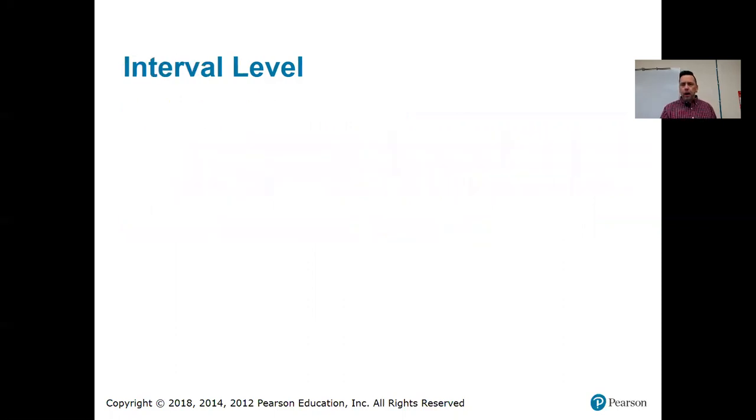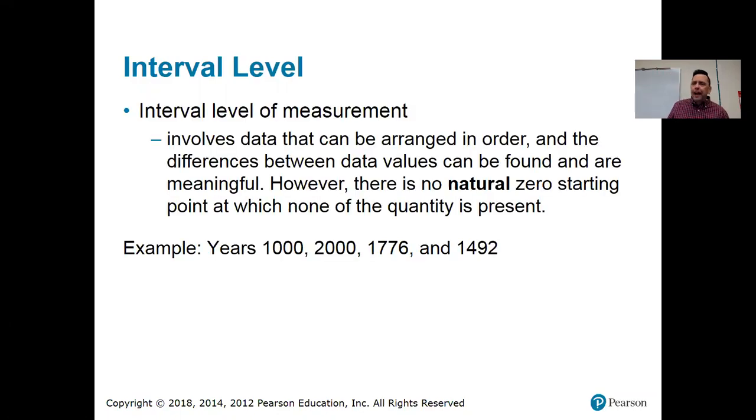Okay. Then we get into the variables that are always numerical. The first one of those is called interval level. So we started at nominal, which is the lowest level, then we went up to ordinal, and now we're going up to interval. With interval level, it does make sense to subtract. The distance between things is meaningful.